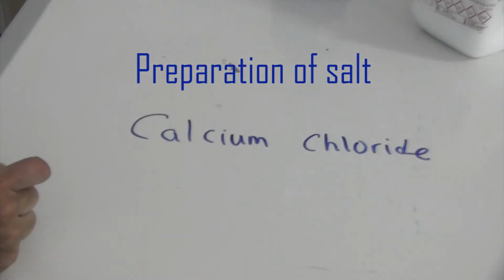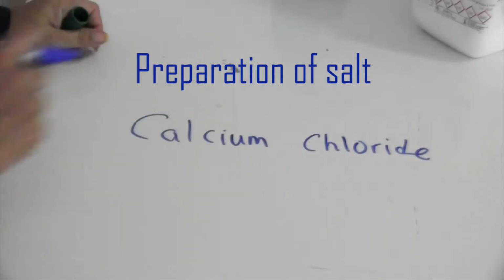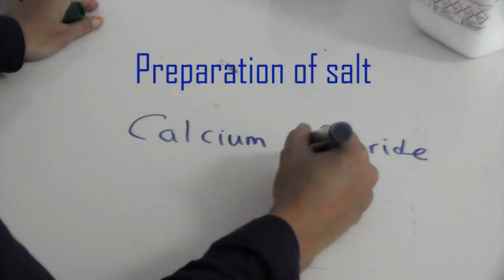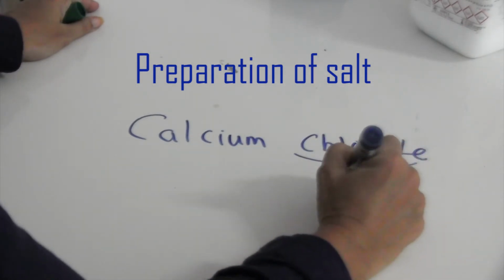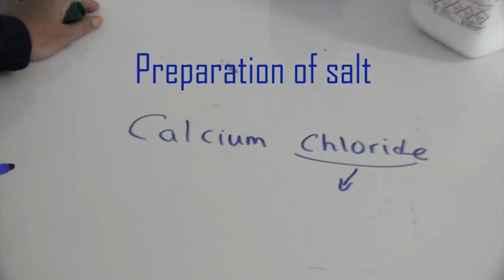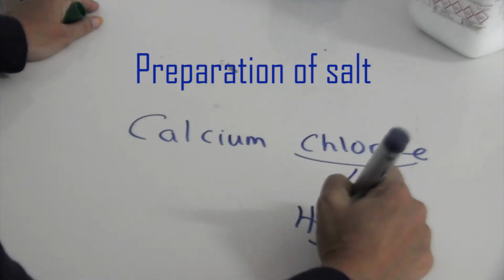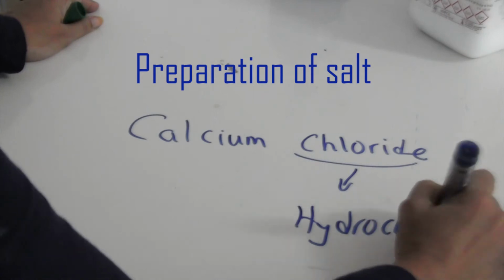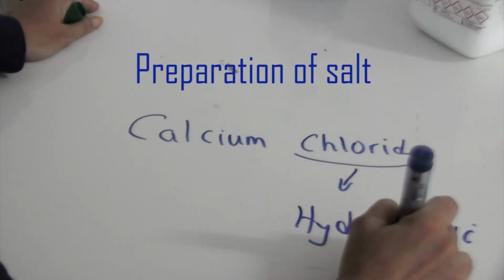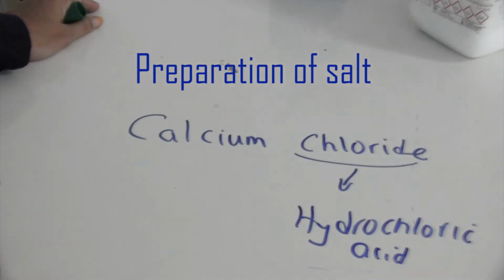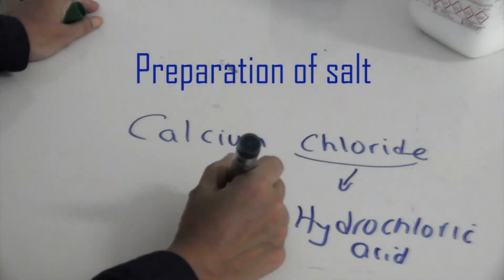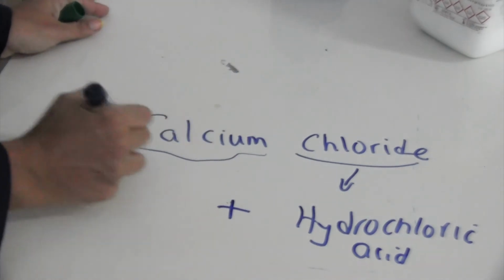So let's say I want to prepare the salt calcium chloride. Okay, I need to figure out which acid I can use. If I need chloride, I need hydrochloric acid as one of the chemicals that I'm going to add. Then I need something based on calcium.